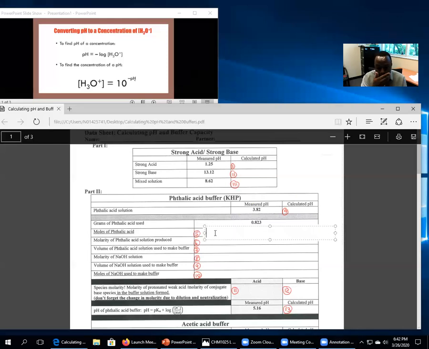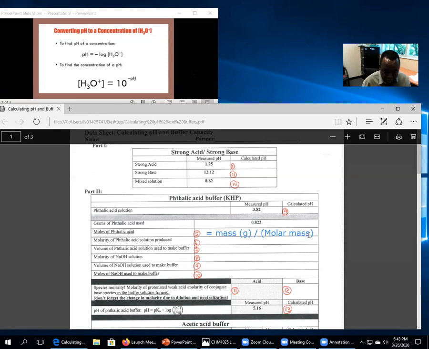Line 5 is given by the mass in grams divided by the molar mass. That is the equation for line 5. So basically, this is the mass of the acid, and the moles of the acid is given right here.